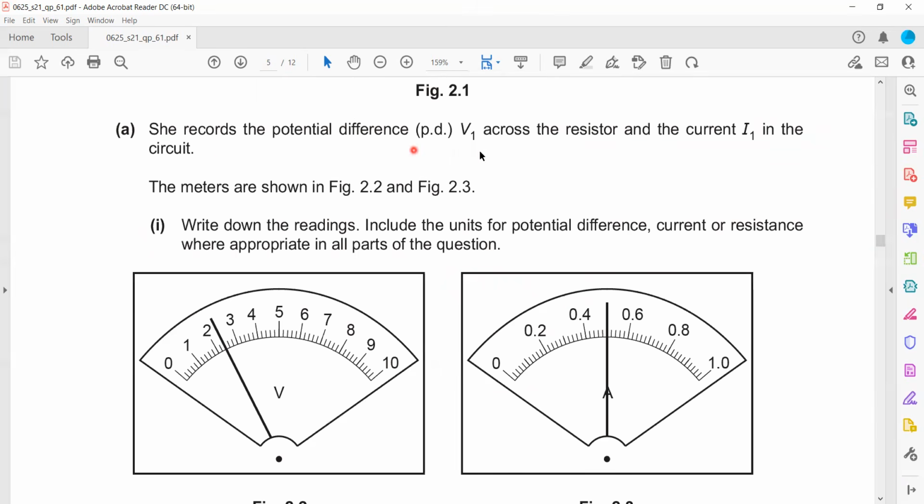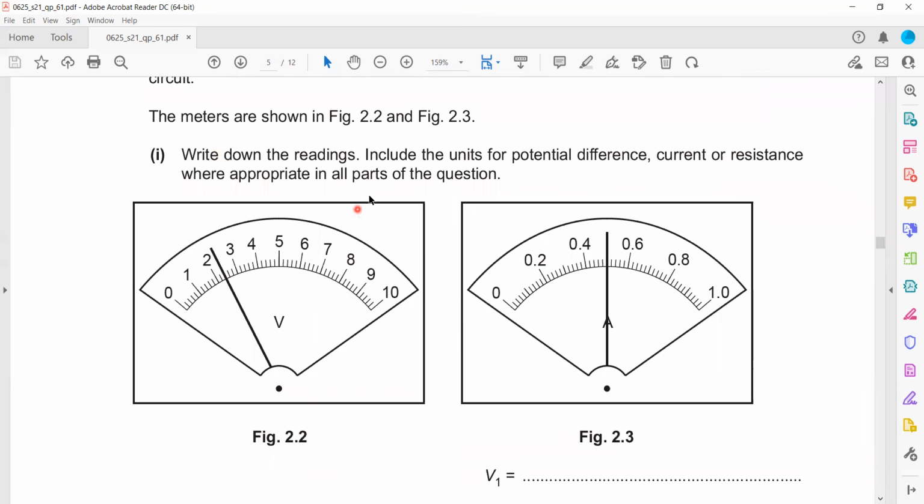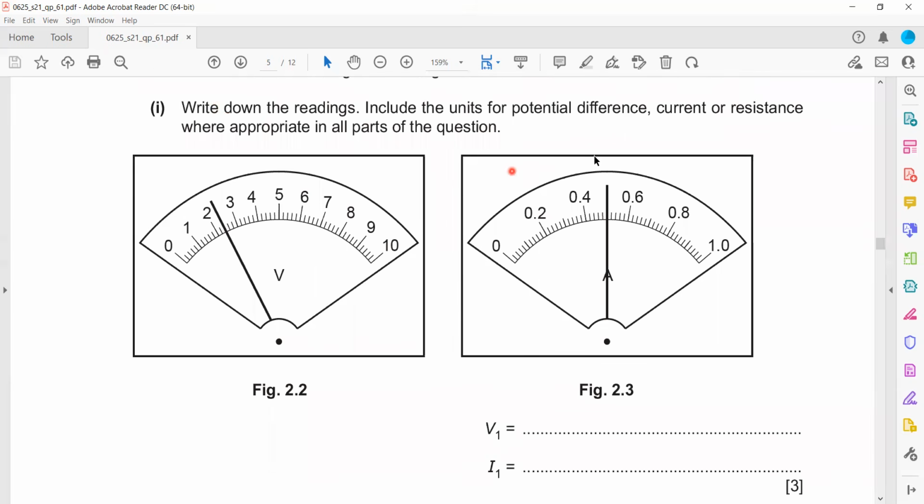She records the potential difference across the resistor, that is V1, and the current is I1. The meters are shown in figures 2.2 and 2.3. Write down the readings, including the unit. Potential difference means the voltage, or current, or resistance, when appropriate in all parts of the question.